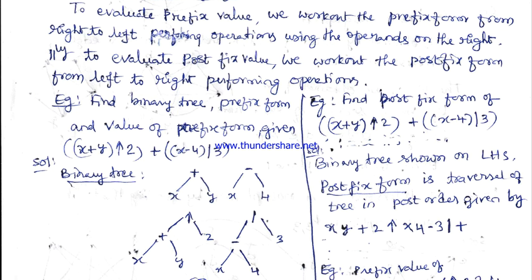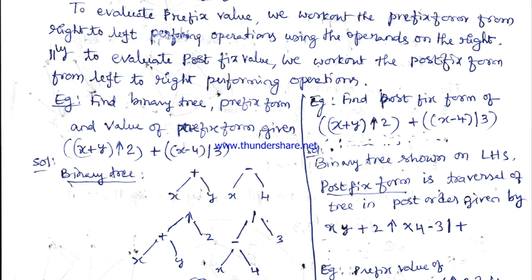To evaluate the prefix form, we have to work out the expression from right to left. In order to evaluate the postfix form, we have to work it out from left to right.